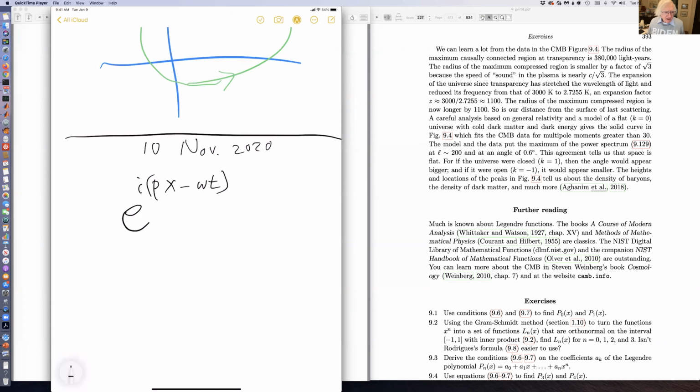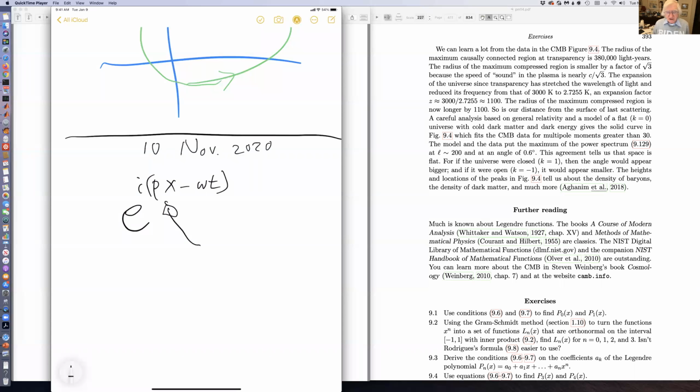Here I guess I've set h bar equal to 1 and gone to some sort of natural units. Anyway, never mind about the units, and let's just focus on the p dot x part.